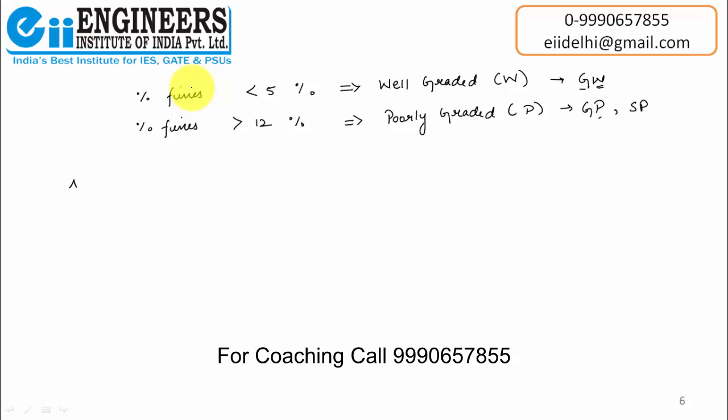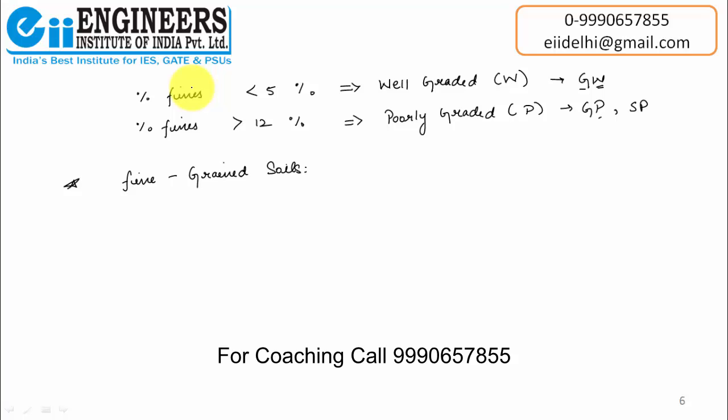Now let's move on to fine grained soils. For the classification of fine grained soils, they have used the plasticity index and liquid limit. Basically they have used the plasticity chart given by Casagrande. First of all, what is a fine grained soil?